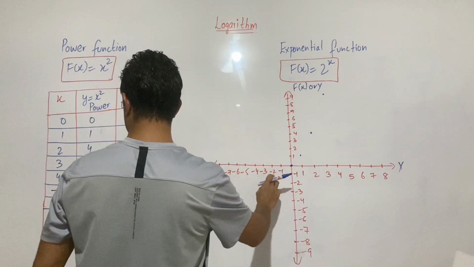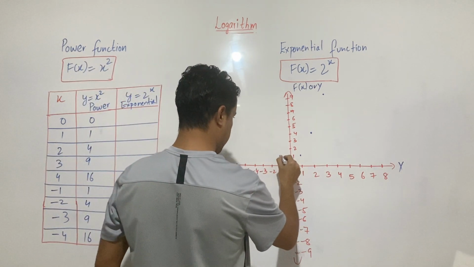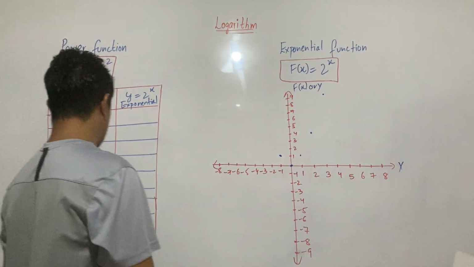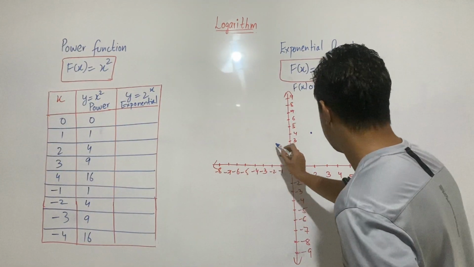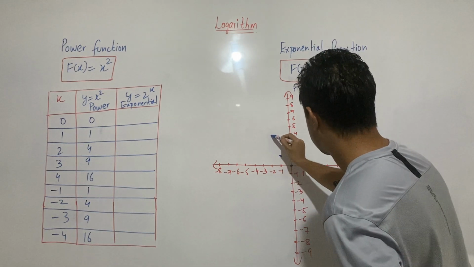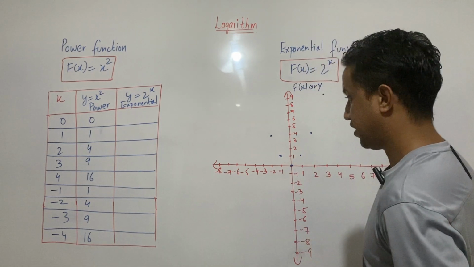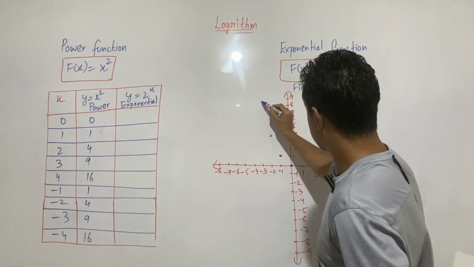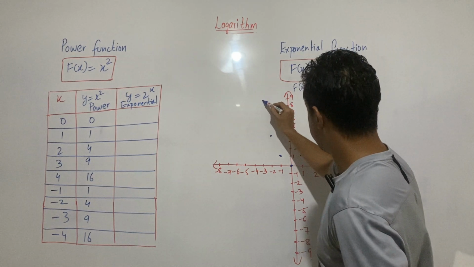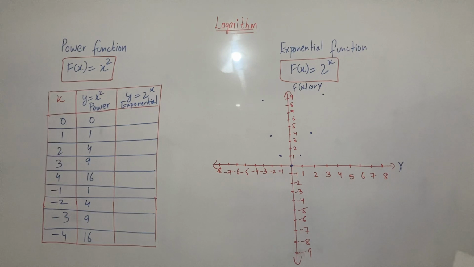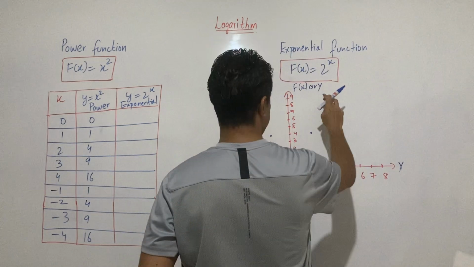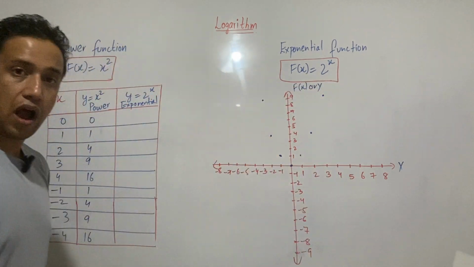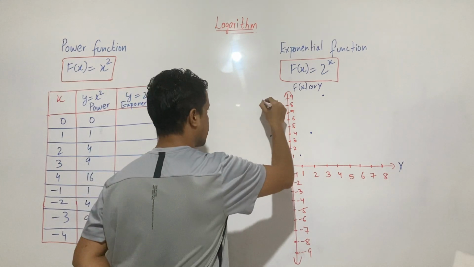Then for minus 1, it's 1. For minus 2, 4. For minus 3, 9. So if I trace all these points, what would happen?